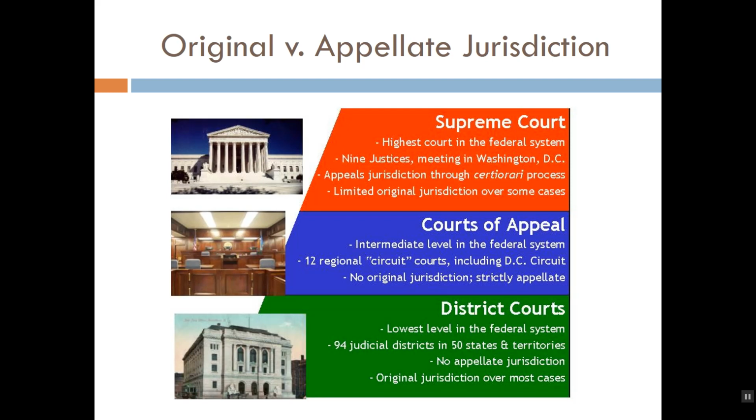In most cases, when the Supreme Court gets to have a say, that's because the case has already gone through district and courts of appeals. So 99 out of every 100 cases that make it to the Supreme Court are going to be heard by the Supreme Court on appeal. But the Constitution does provide a relatively small number of cases that can begin in the Supreme Court if it chooses to hear them.